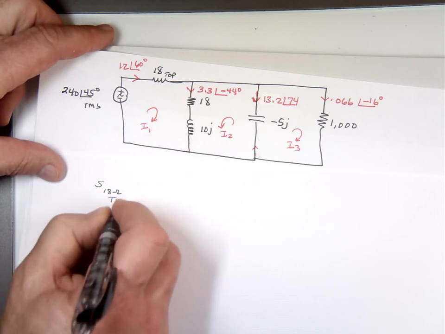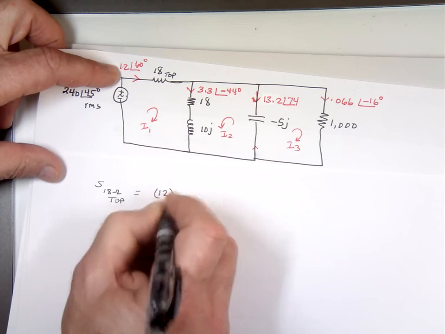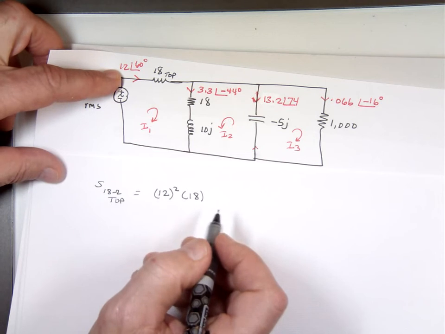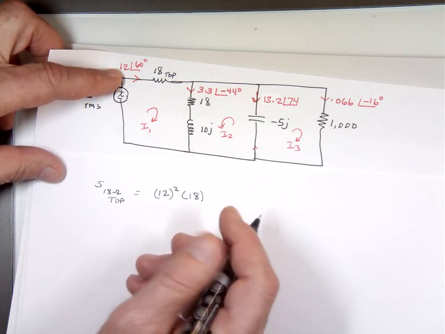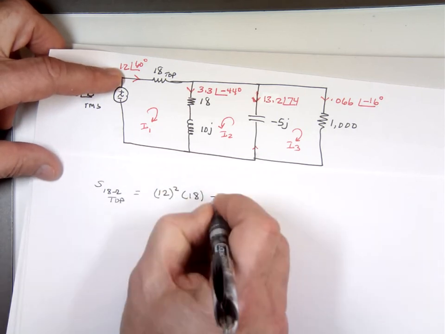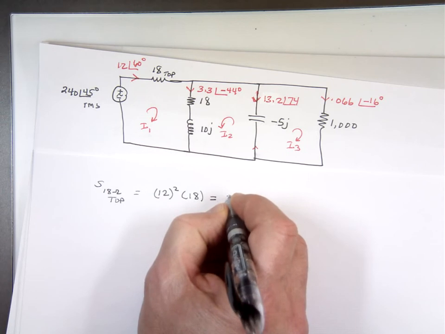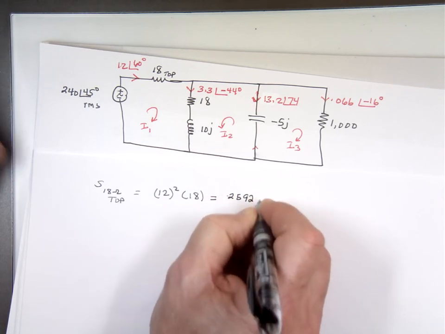The current is 12, so 12 squared, that's the magnitude, times the 18. Or 12 angle 60 times 12 angle negative 60. The plus 60 and minus 60 cancel, and you end up with 12 squared times 18, which is 2592 plus 0J VA.